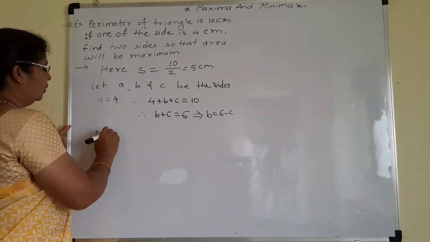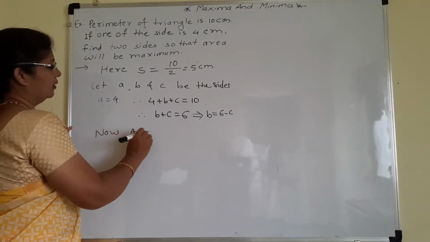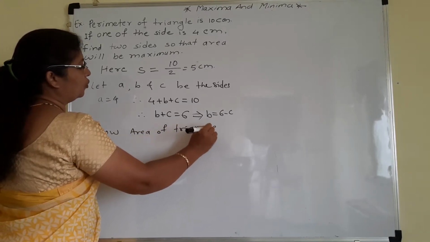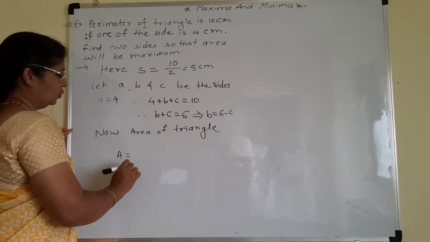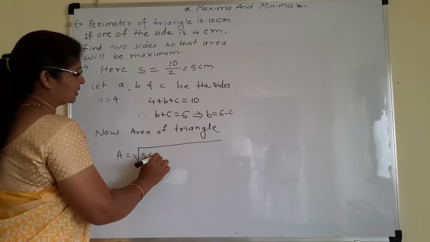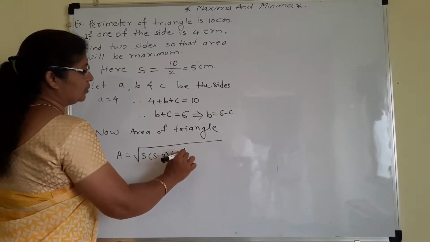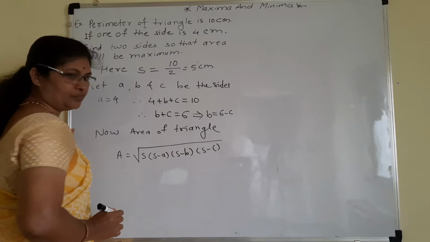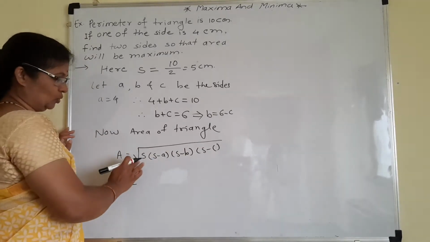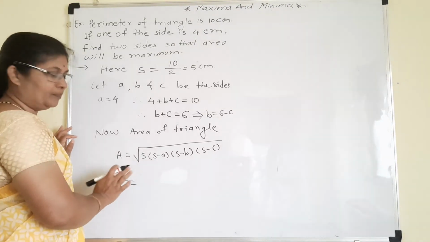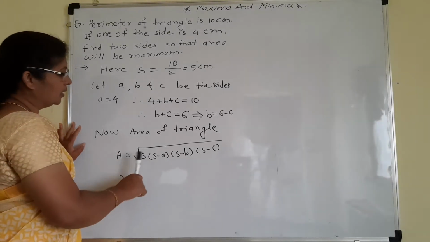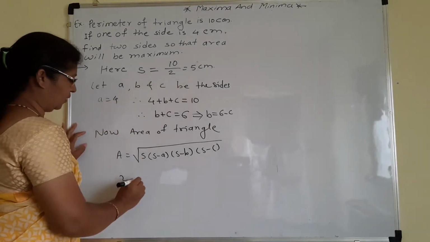Now the area of the triangle. What is the formula? A is equal to the square root of s into s minus a, s minus b, s minus c. Taking the square on both sides, area square is equal to, so that this square root should not be there. We get a simplified form by squaring on both sides. Substitute s equal to 5.